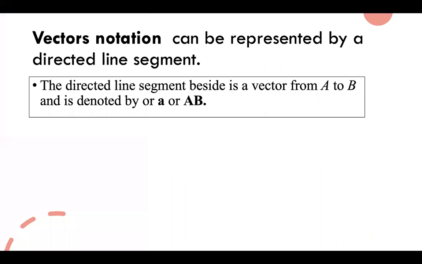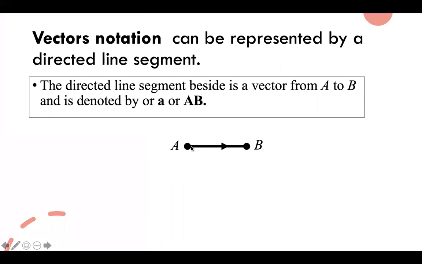Vector notation can be represented by a directed line segment. The directed line segment beside is a vector from A to B and is denoted by OAB.